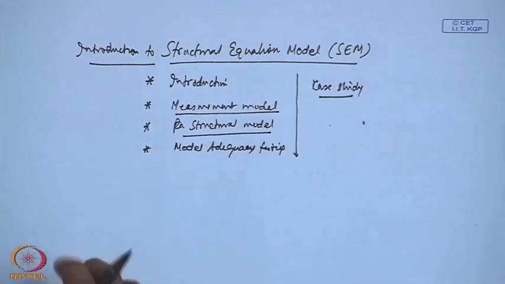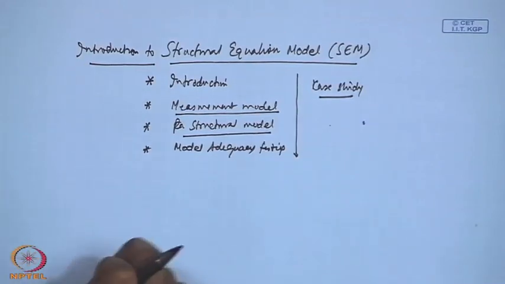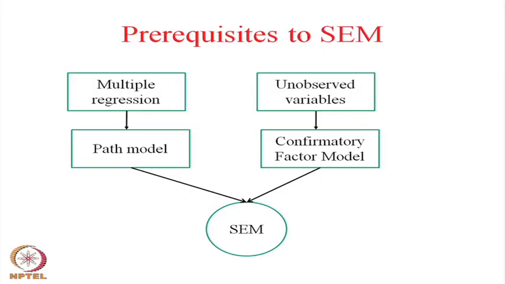Let us see what the prerequisites to structural equation modeling are. You must know multiple regression, you must know the path model, although I have not described the path model till date, but within this course we will be describing the path model.